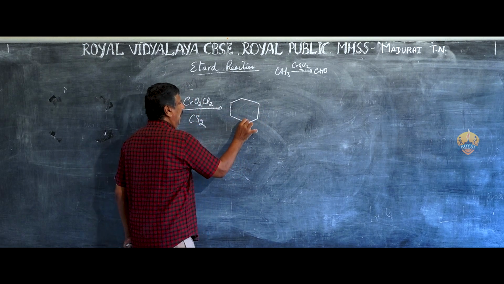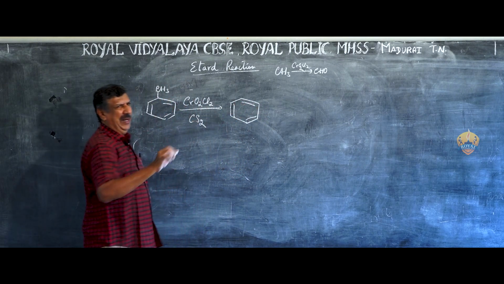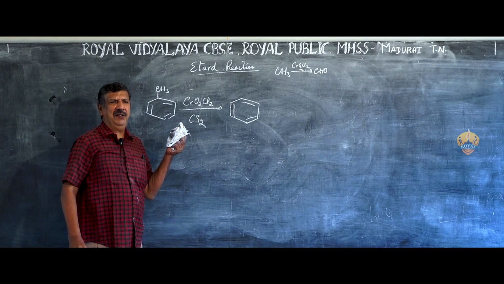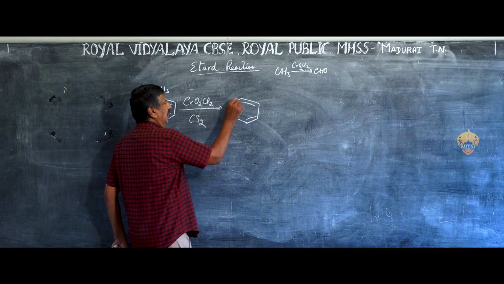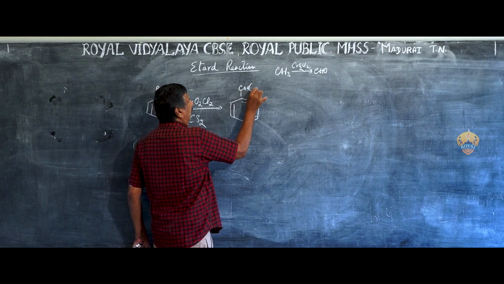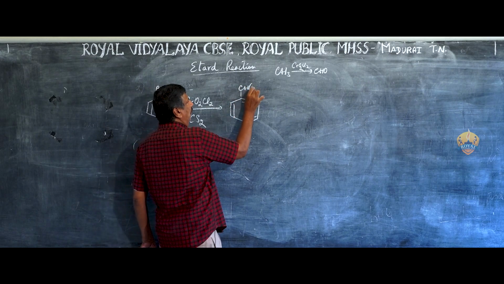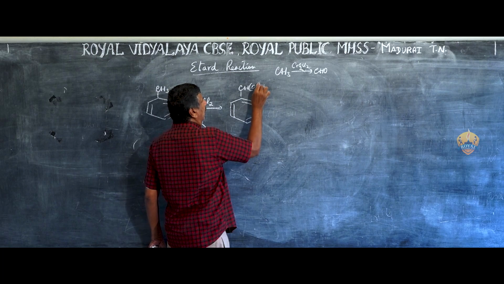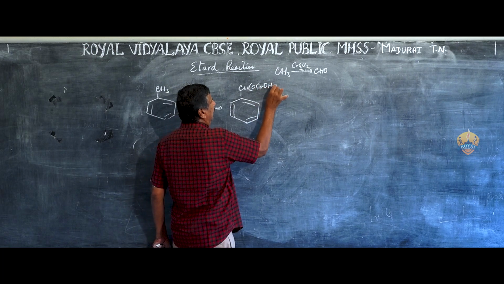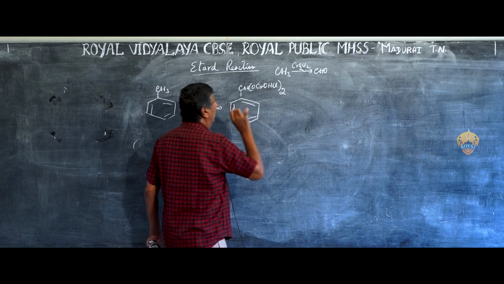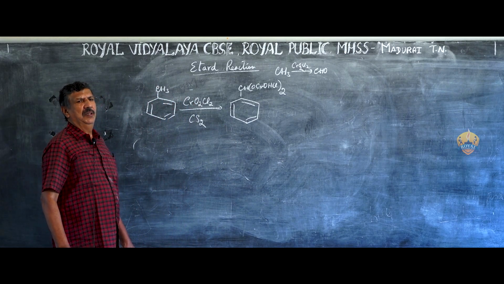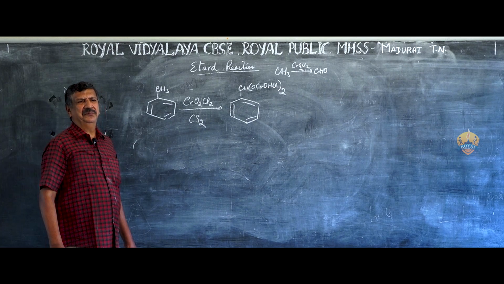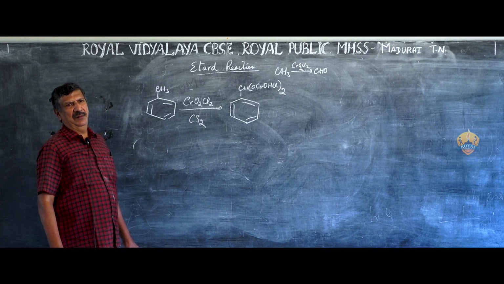You put the ring as usual, and here you should write the intermediate compound very carefully like this. You see, this is an intermediate compound, with OCrO, HCl, twice.